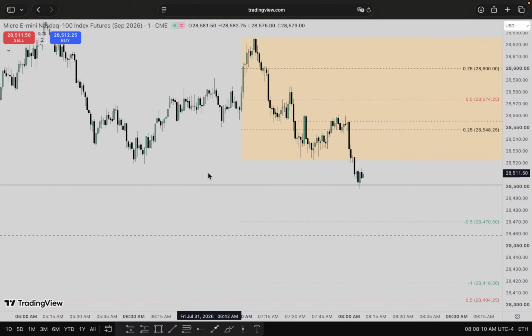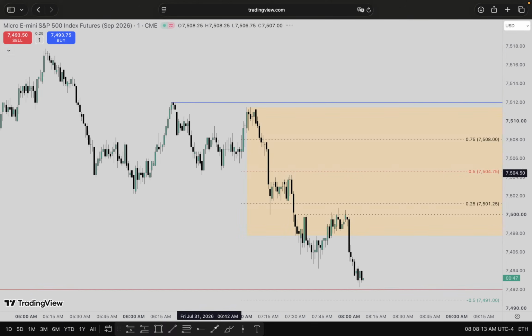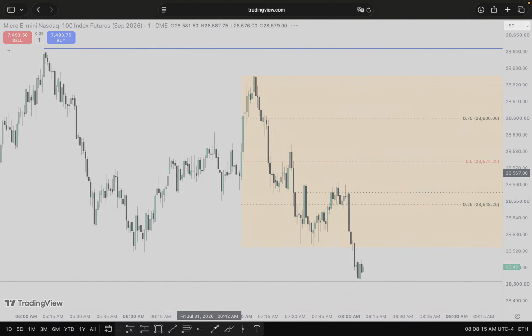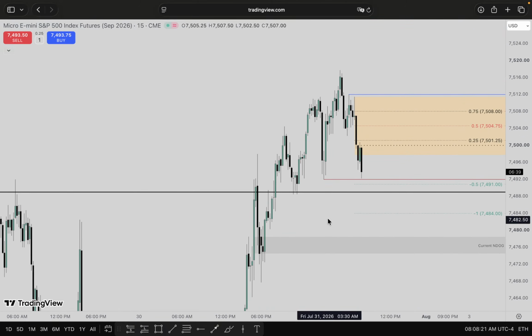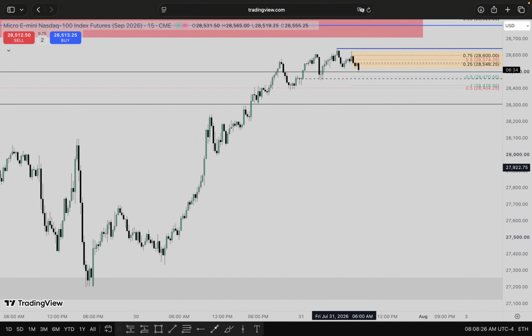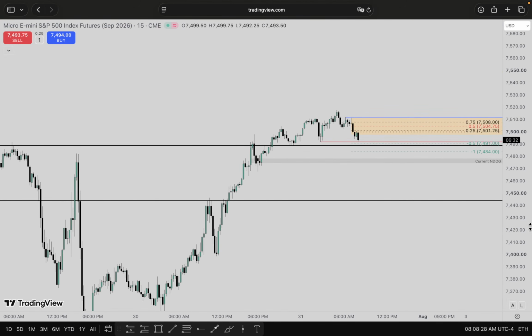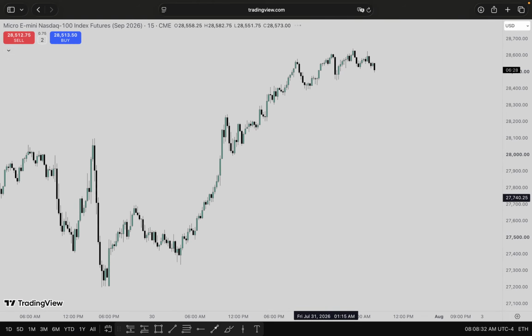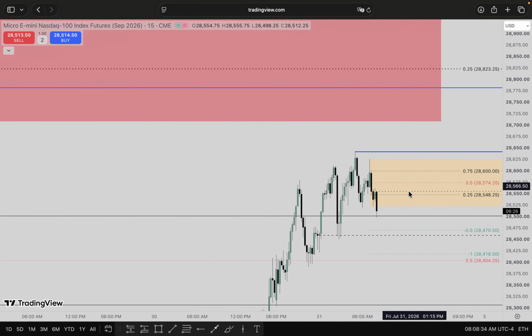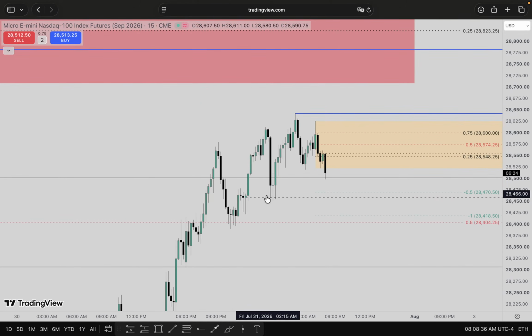Yeah, ES hasn't tapped this low yet. We're a little bit closer to the low than I thought. We're a little bit closer to this low than NQ is.